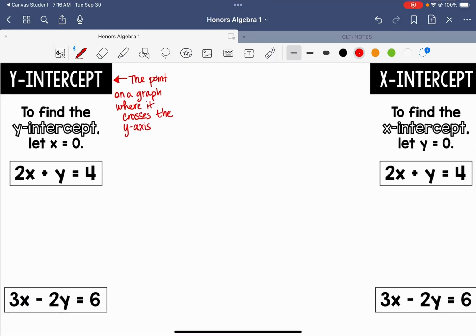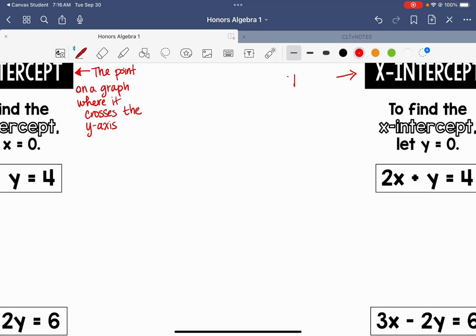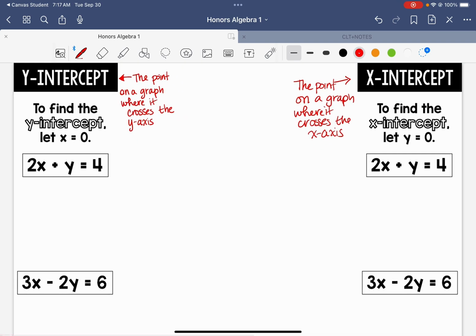And you can almost guess for the x-intercept, it's the point on a graph where it crosses the x-axis.